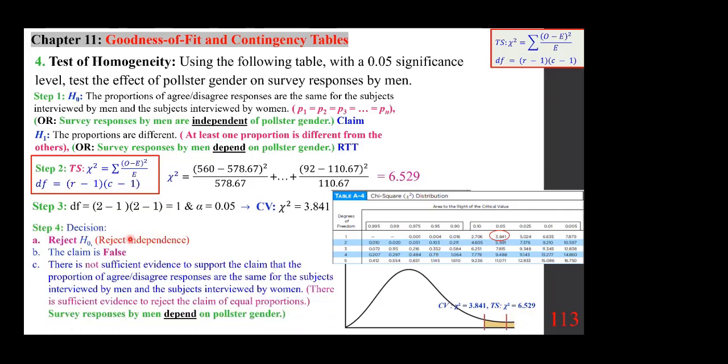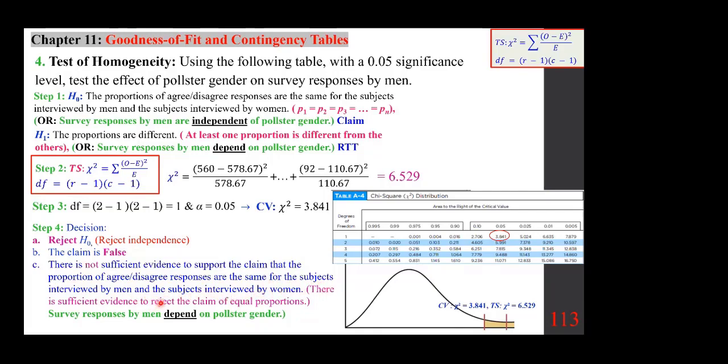So rejecting H0, go back to that. Rejecting H0 means rejecting independence, which is the claim. So reject independence. So the claim becomes false. There is not sufficient evidence to support the claim that the proportion of agree-disagree responses are the same for the subjects interviewed by men and the subjects interviewed by women.